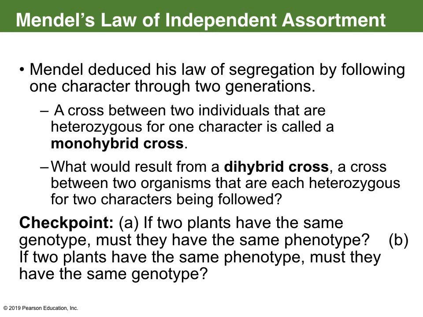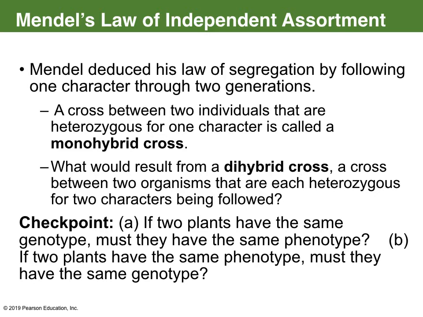So Mendel figured this out. He deduced this law of segregation by following one character through two generations. When you cross two individuals that are heterozygous for one character, we call that a monohybrid cross. Think of that F1 generation of flowers: they're each heterozygous, carrying one allele for the dominant and one allele for the recessive.